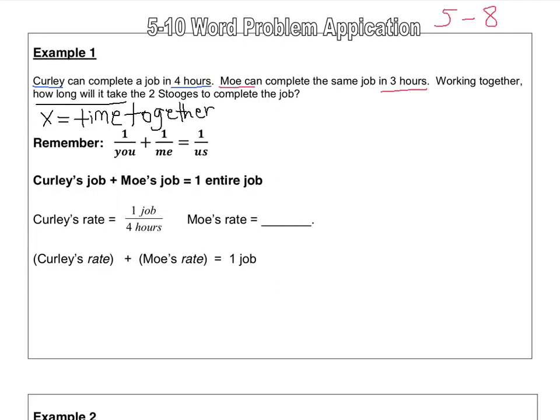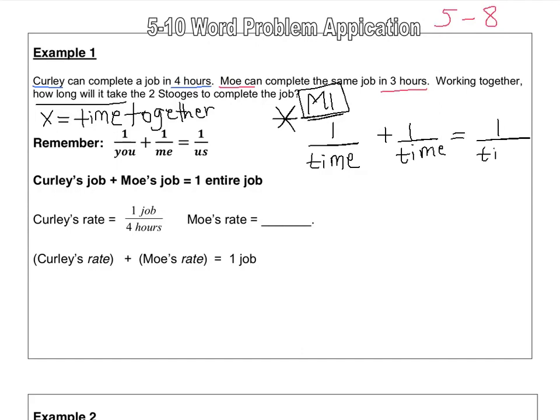So let x be the time they need to finish the work together. There are 2 ways to do this problem, so I'm going to start with the first method, method 1, that is on your paper. Method 1 is basically 1 over the time it takes the first person to do it, plus 1 over the time it takes the second person to do it, which is equal to 1 over the time that they take to do this work together.